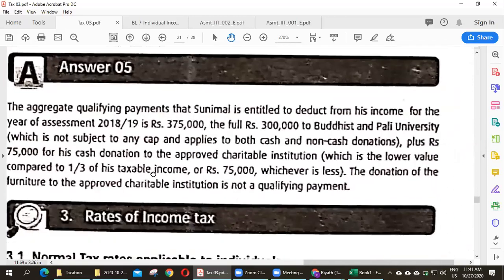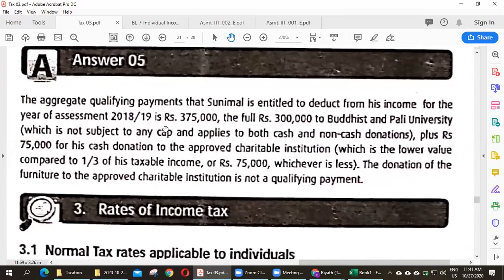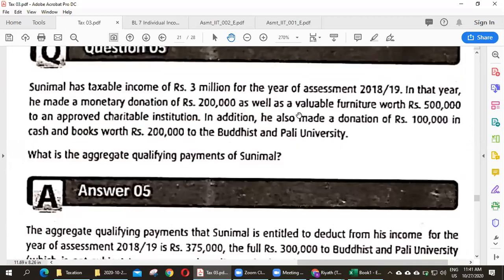The aggregate qualifying payment that Sunimal is entitled to deduct from his employment income for the year of assessment is 375,000. How much for Buddhist and Pali University? Sorry, right. In addition, he also made a donation of rupees 100,000 in cash and books worth 200,000.